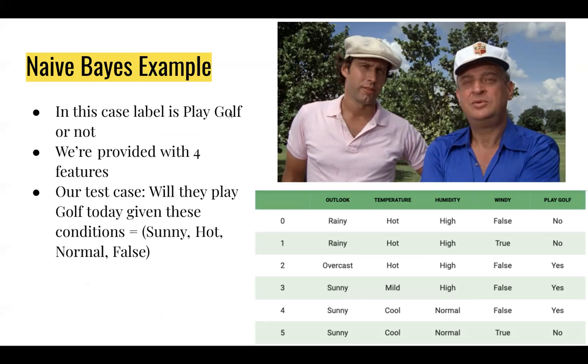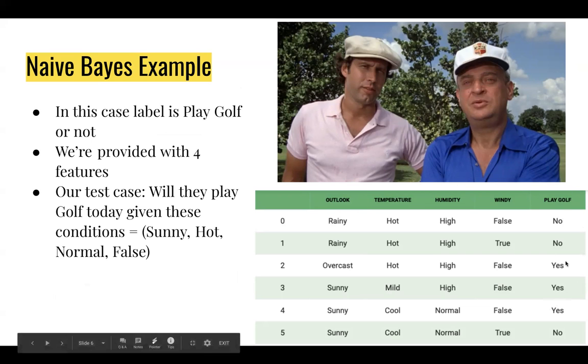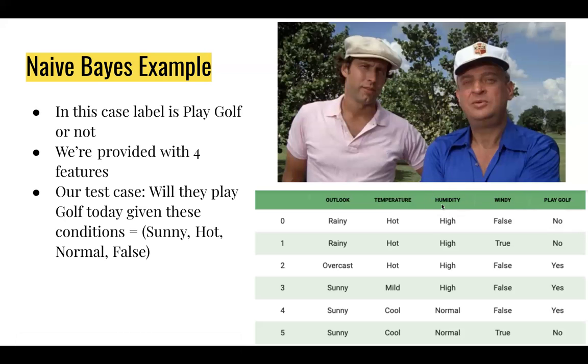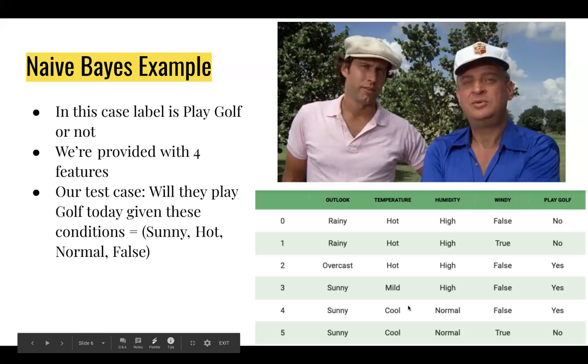This is a sample data set, and we're provided with 4 features: outlook, temperature, humidity, and windy. Here's our classifier, play golf. We have some no instances, some yes instances, and these are the factors: how windy it is, what the humidity is, the temperature, and the outlook. And these are all categoricals.